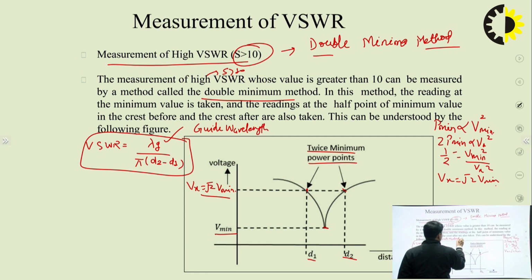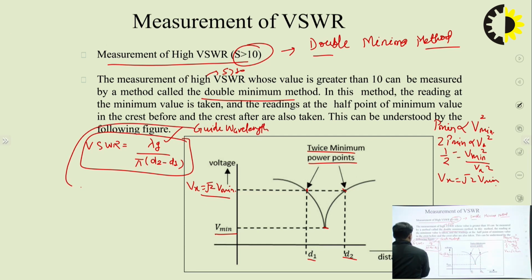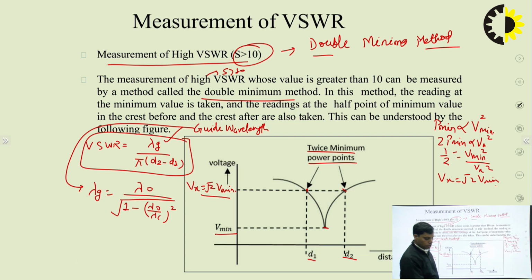This guide wavelength we can now measure with the help of the relation lambda G is equals to lambda naught upon under root of 1 minus lambda naught by lambda C square.